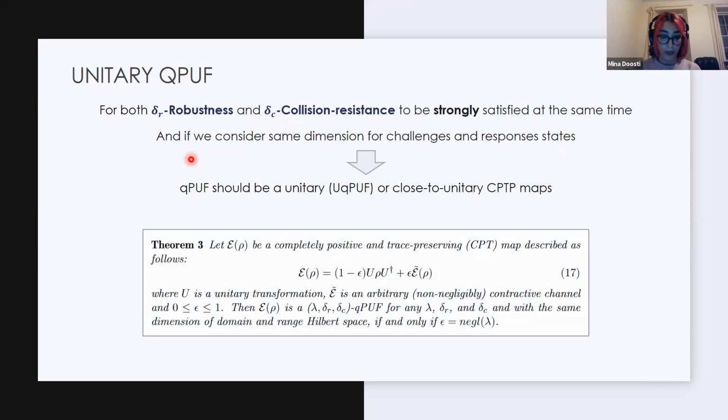This is formalized better in this theorem, which says that if you have a channel E consisting of a unitary map plus an arbitrary but contractive channel, then this is a PUF if and only if the parameter epsilon is negligible in the security parameter, meaning that it should be very close to unitary. So we conclude that with the framework that we have, a PUF that we want to satisfy strong collision resistance and robustness needs to be a unitary.